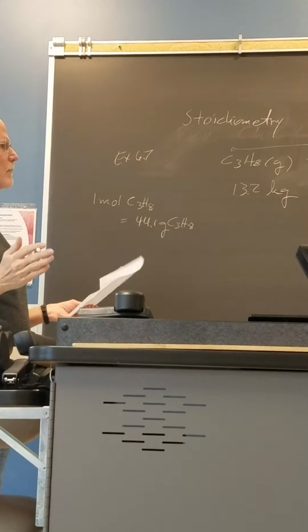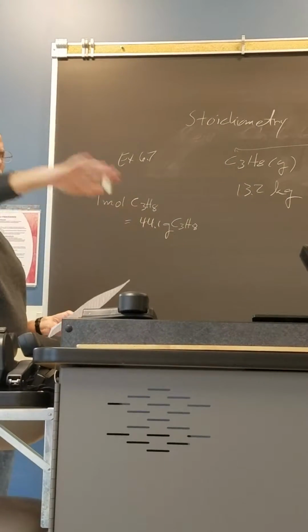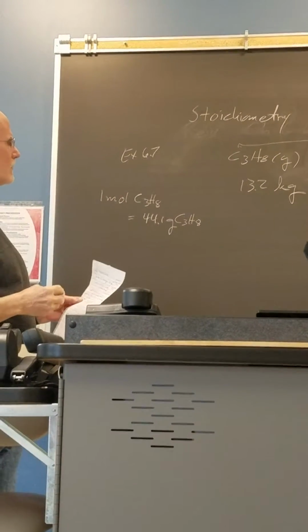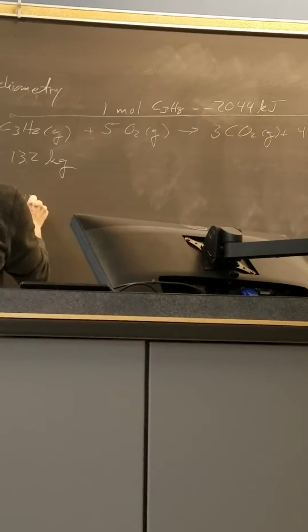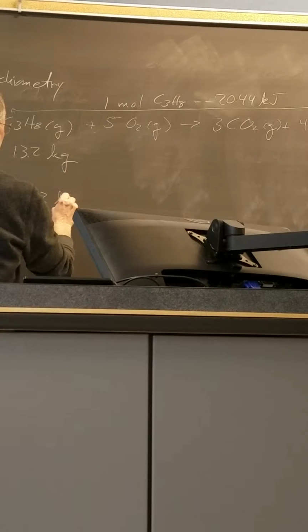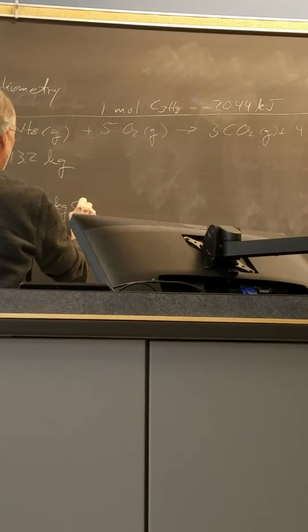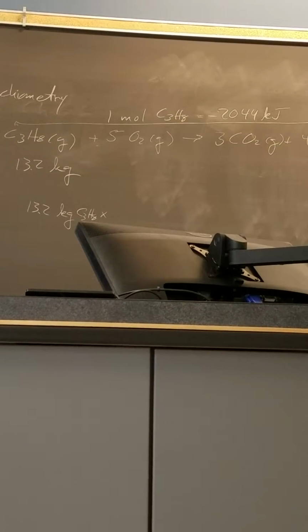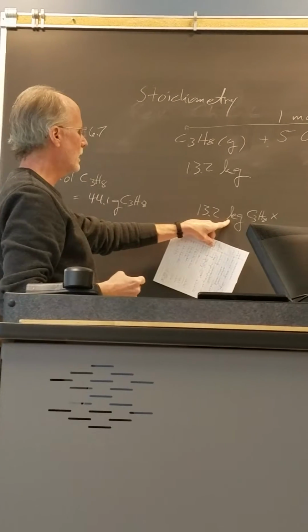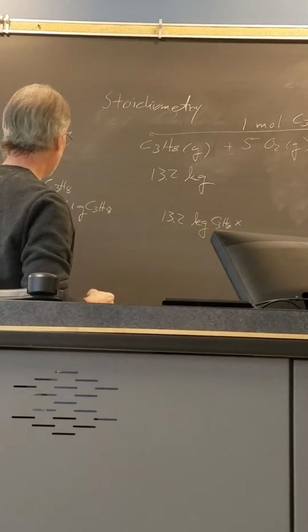And then you can do it step by step, or this one's easy enough that you can just set it out in a straight line. So you start with the amount given, 13.2 kilograms C3H8. And then you just do unit conversions until you get what you want. You need to cancel out kilograms and get to grams.